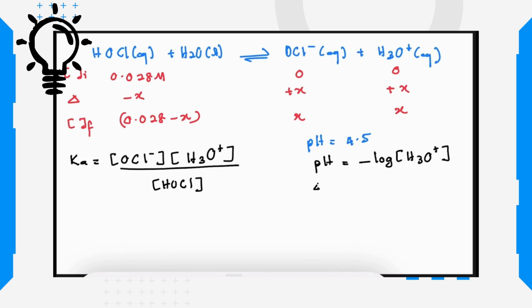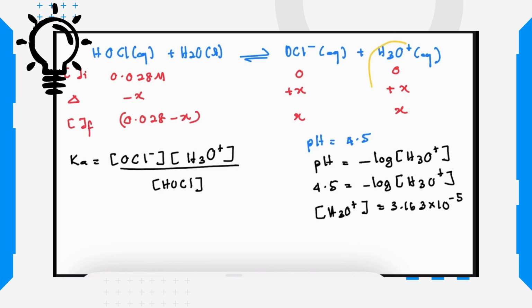If we already have the value of pH, we can get the concentration of H3O plus by antilog of negative 4.5. From there you can get 3.163 times 10 to the power of negative 5. That is the concentration of H3O plus, which is X.